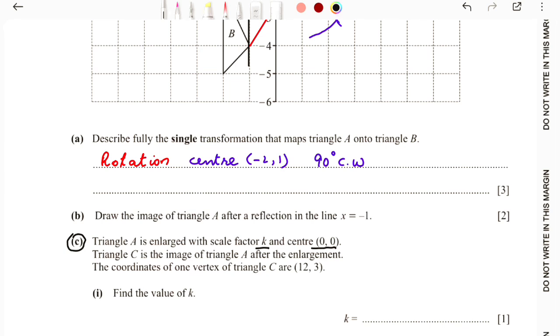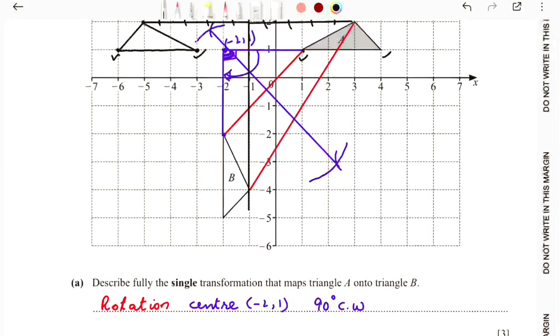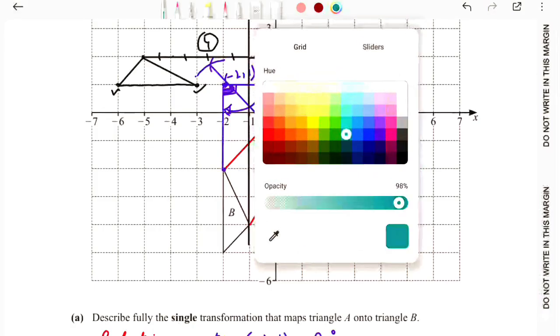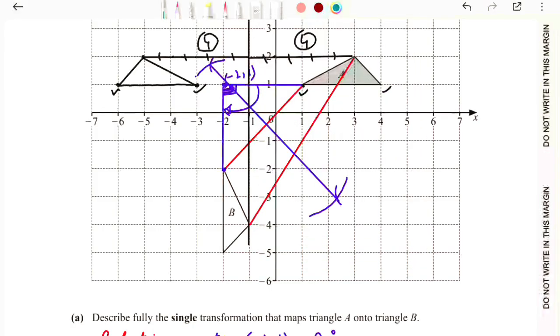Triangle C is the image of triangle A. After the enlargement, the coordinates of one vertex of triangle C are 12, 3. Find the value of k. So as the center is given, that is 0, 0.